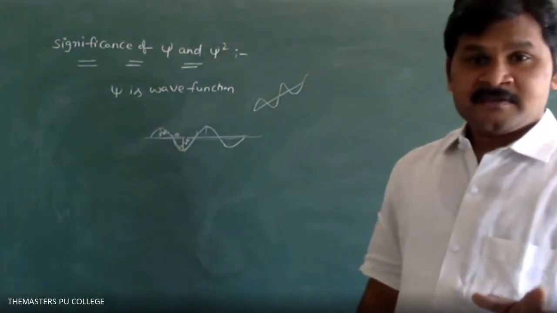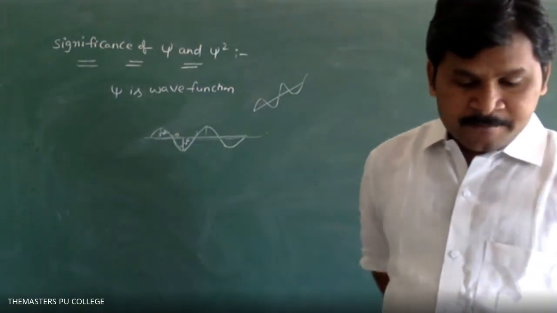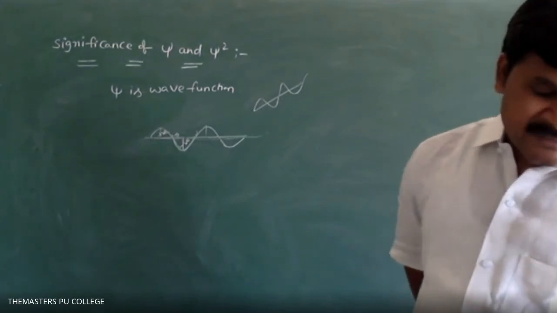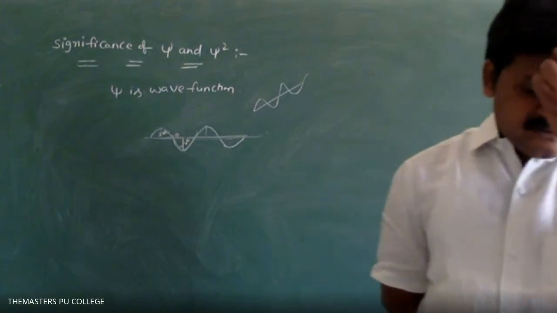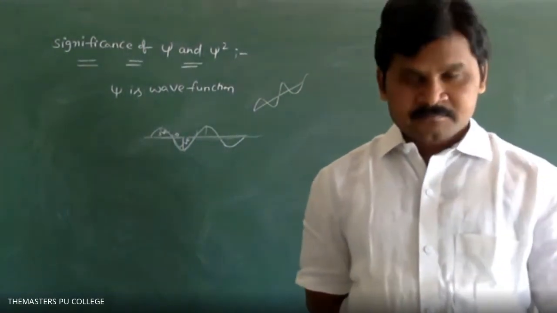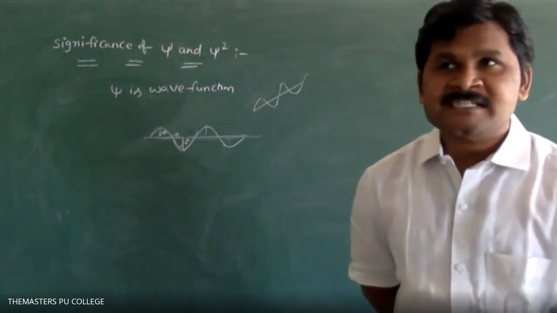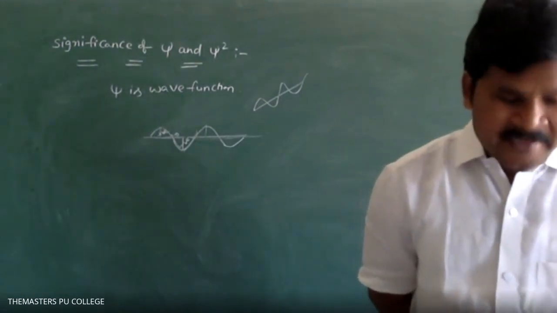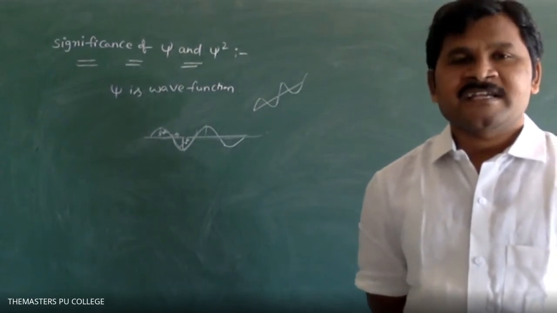Next. Psi square indicates the measure of probability of finding an electron at a point in space around the nucleus.